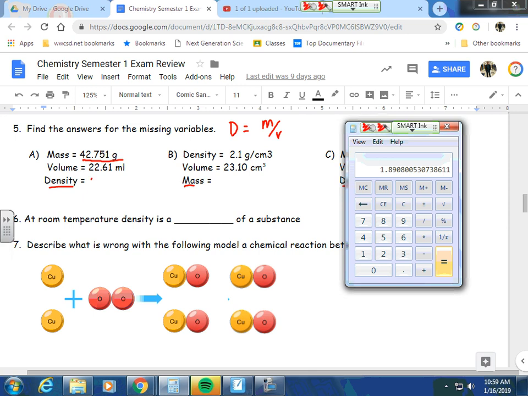So round off to a couple decimal places. If we were being careful about significant figures, it would actually be 1.891. You're not responsible for knowing that on the exam, though. So we're looking for something like this, 1.9, 1.89, 1.891. And then the units, since we did grams divided by milliliters, it's just grams divided by milliliters. That's a typical unit for density. If the volume was in cubic centimeters, I might have grams per cubic centimeter, but same idea.